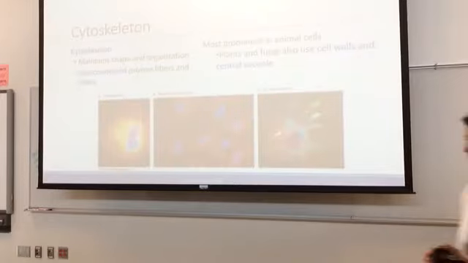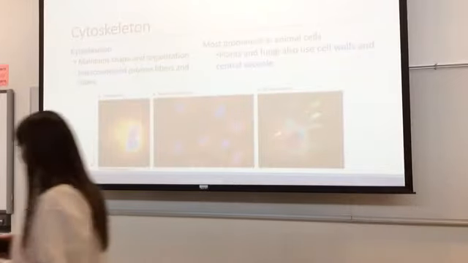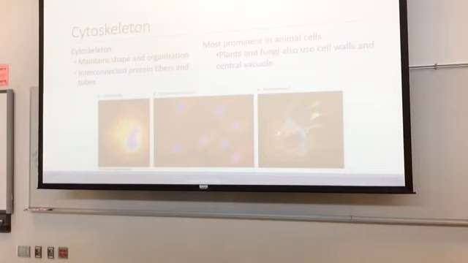Cytoskeleton, what do you think that sounds like? Just pull in that common sense card. The skeleton of the cell. Do you remember what structure you and I don't have as animals that other cells do have? Cell wall. So when a cell has a cell wall, they do have a cytoskeleton, but it's not as noticeable.